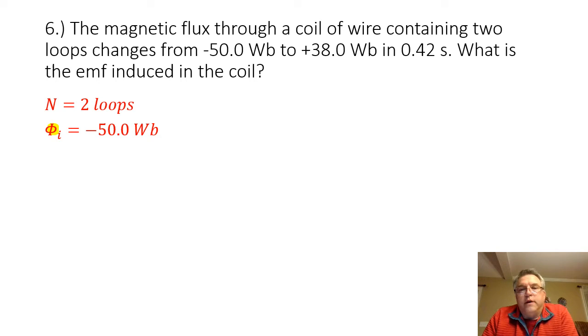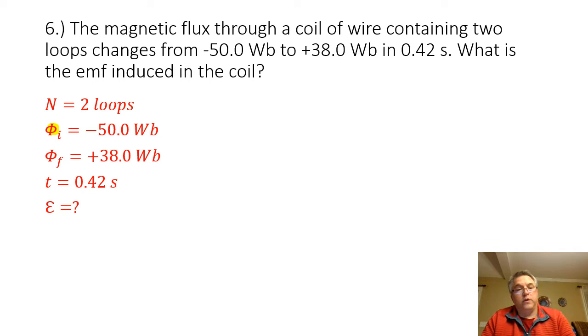We are given the final value for the magnetic flux of 38.0 Weber, and the time it takes to go from its initial to its final value of 0.42 seconds. We are being asked to find the induced EMF in the coil, and remember, we use the Greek letter epsilon for induced electromotive force.